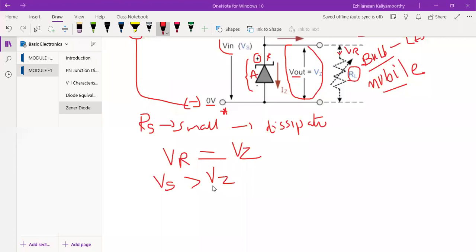So the Zener voltage regulator consists of a current limiting resistor RS connected in series with the input voltage Vs, with the Zener diode connected in parallel with the load RL in the reverse bias condition. So the stabilized output voltage is always selected to be the same as the breakdown voltage Vz of the diode. That is what the Zener diode does.